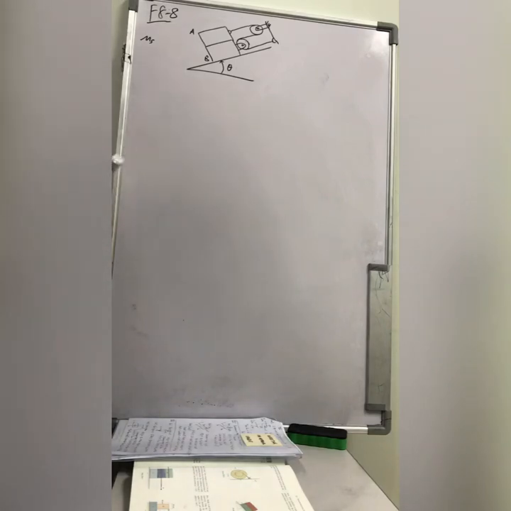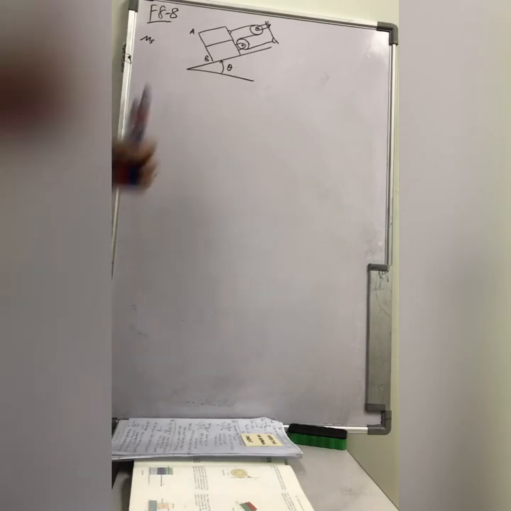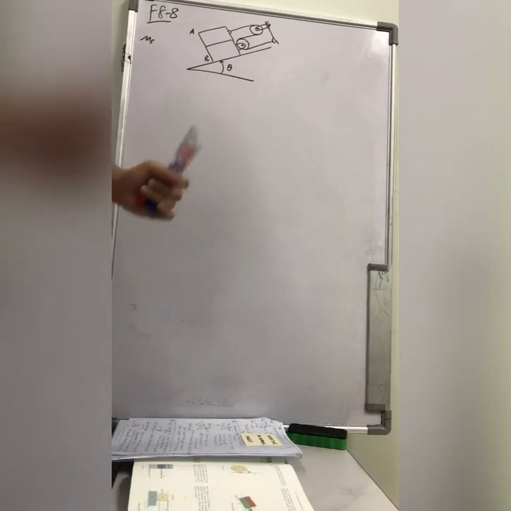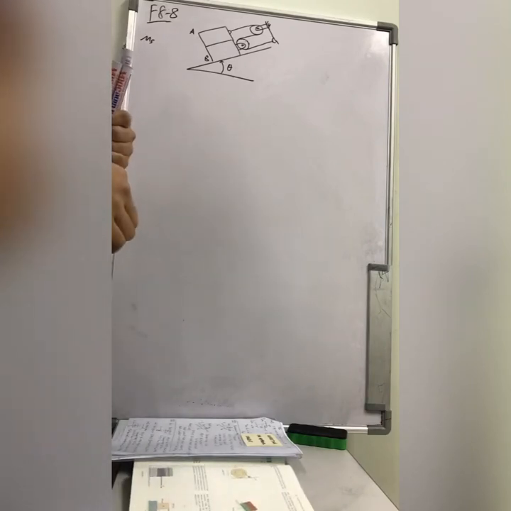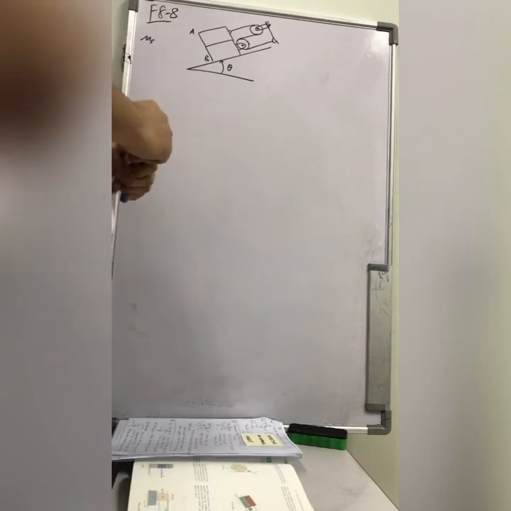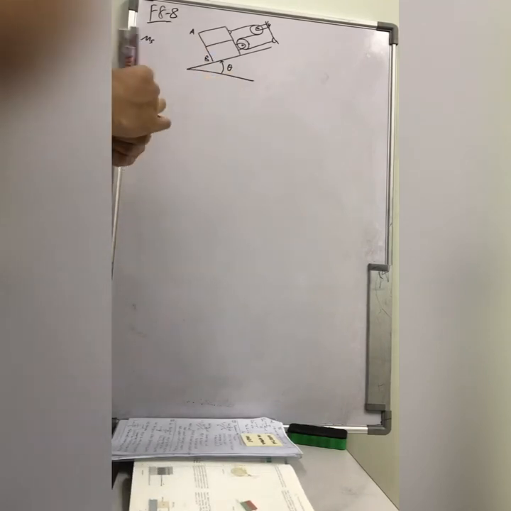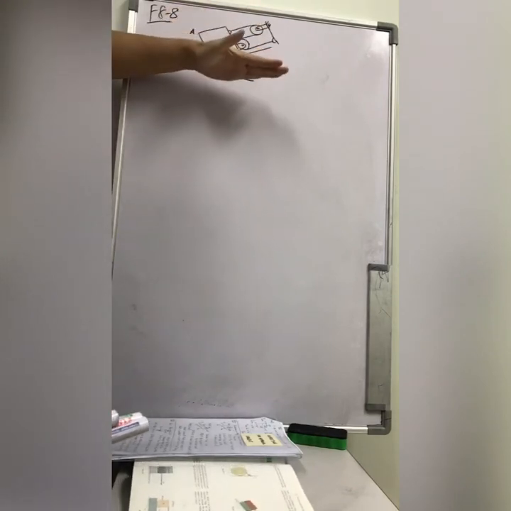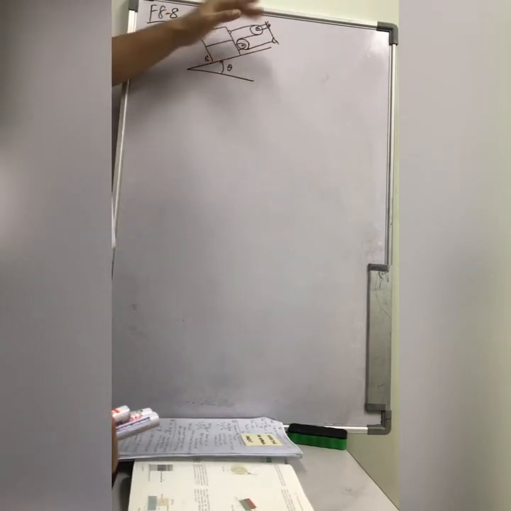The blocks both have identical weight W. The question asks you to determine the inclination angle at which the identical blocks start to slide. In reality, as a side note, what you can do is incline it up to the point that it starts to slide.